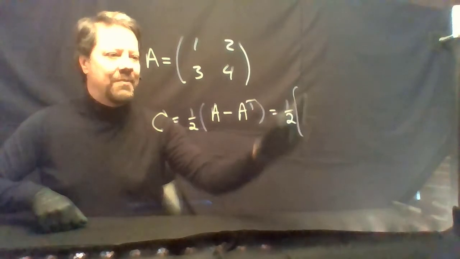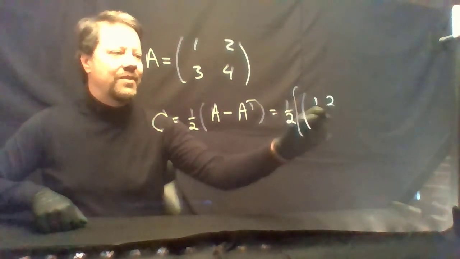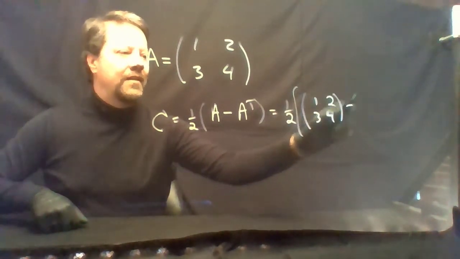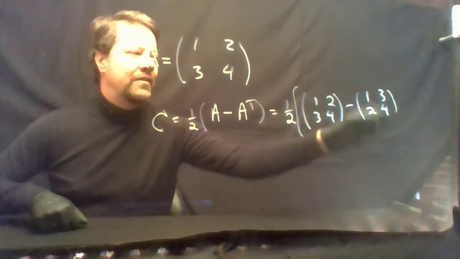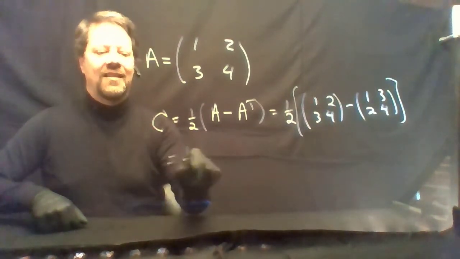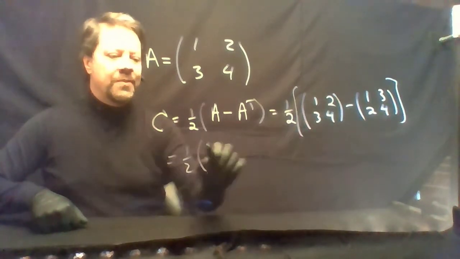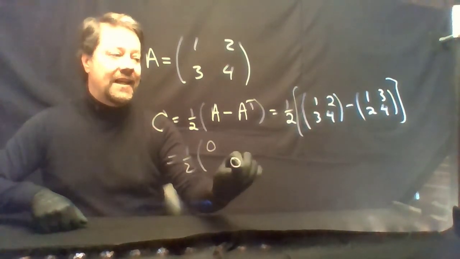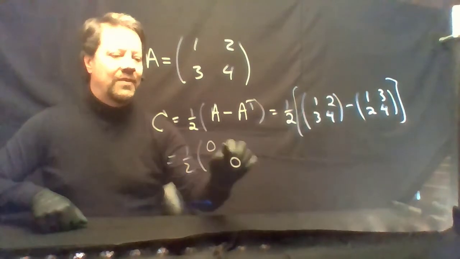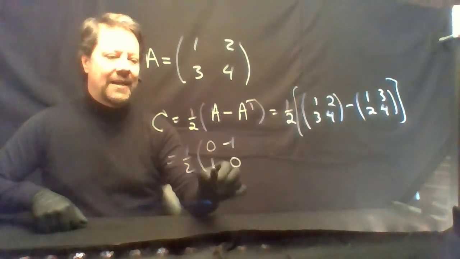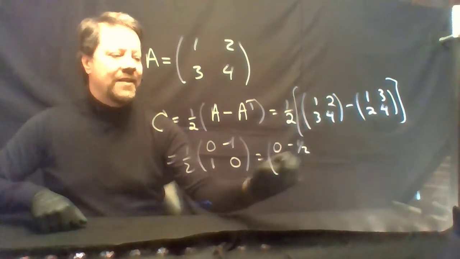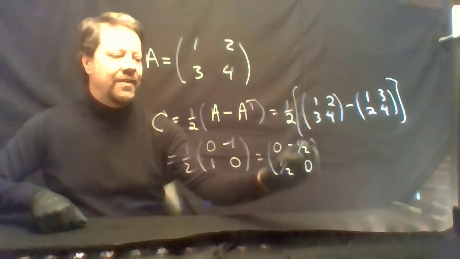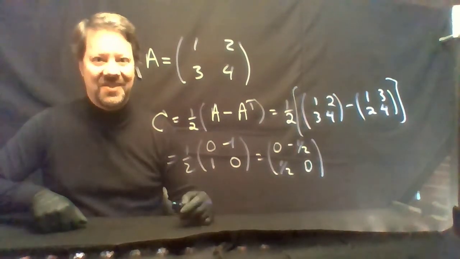In the present example, we'll have A, 1, 2, 3, 4, minus its transpose, 1, 3, 2, 4. When we subtract, we'll get zeros on the diagonal, a -1 here and a +1 here. So we end up with 0, minus 1/2, 1/2, 0. That is skew symmetric.